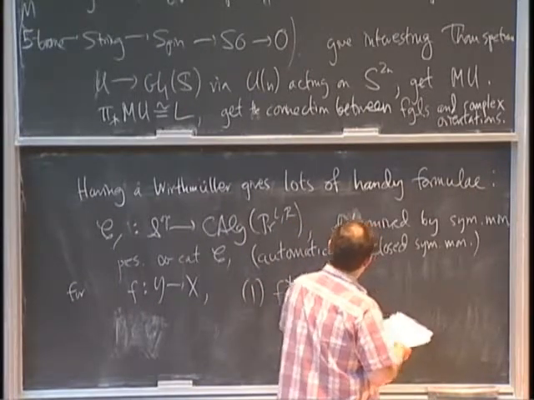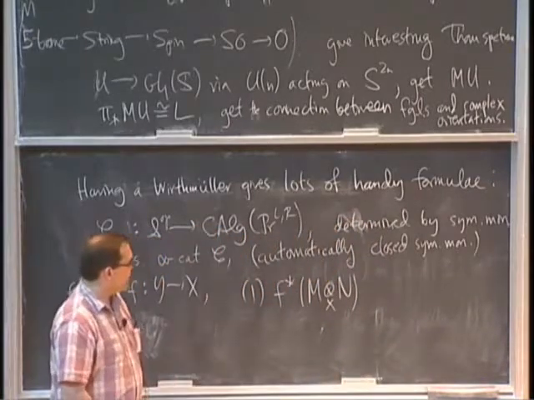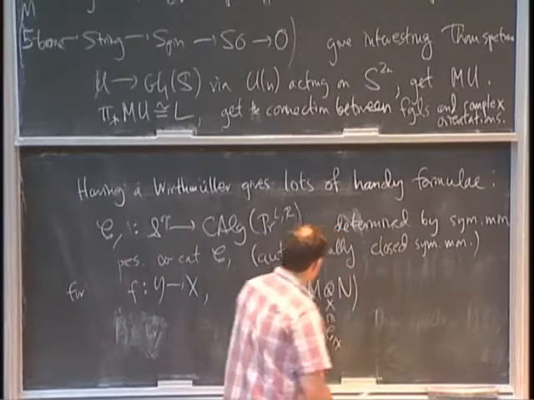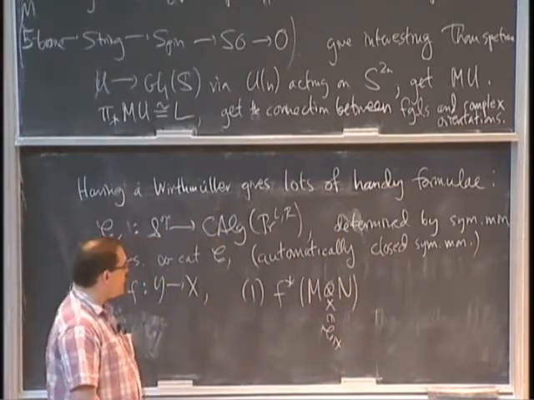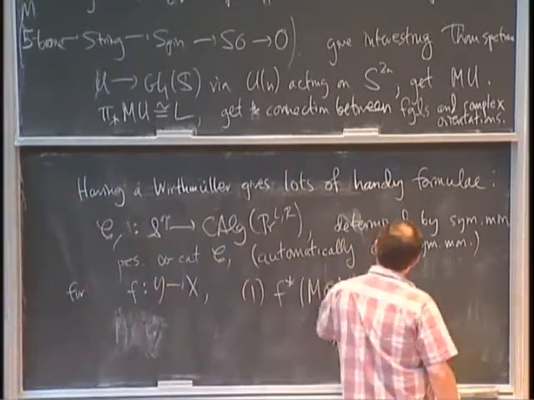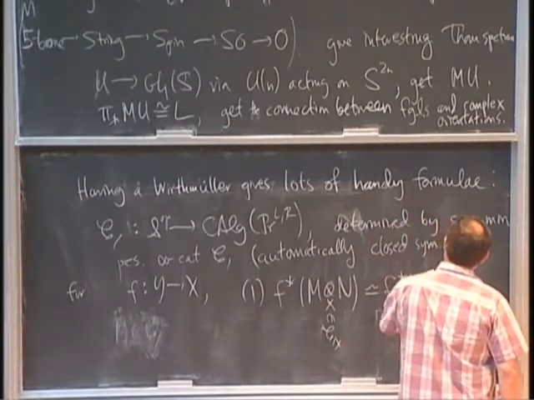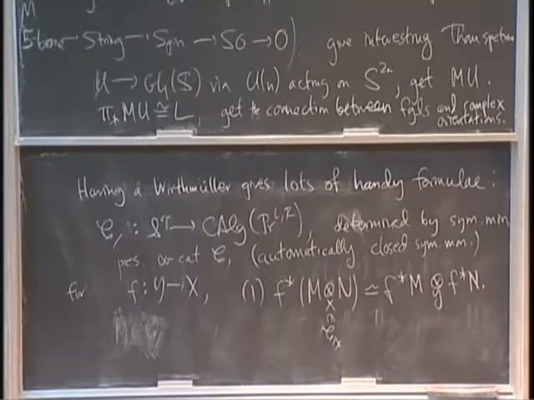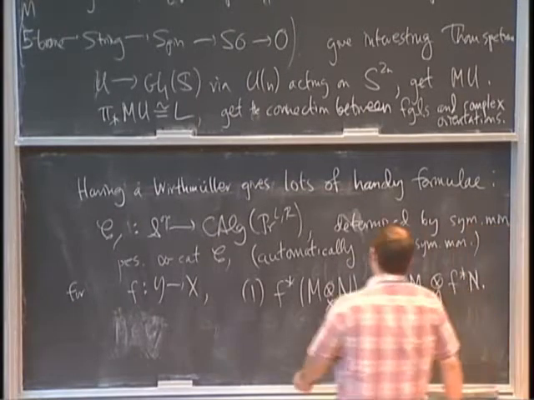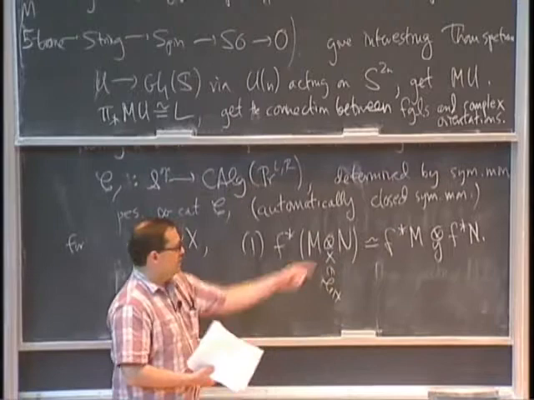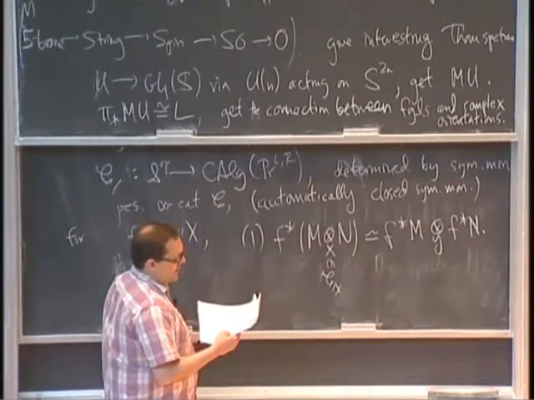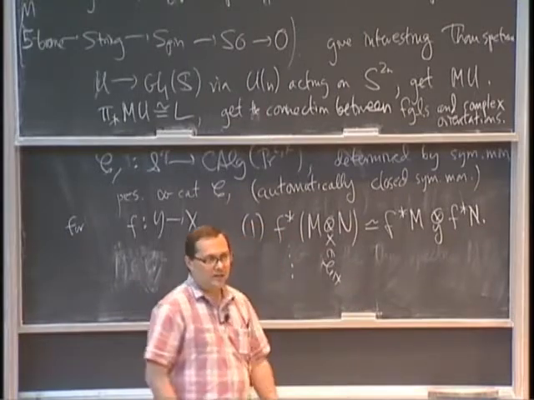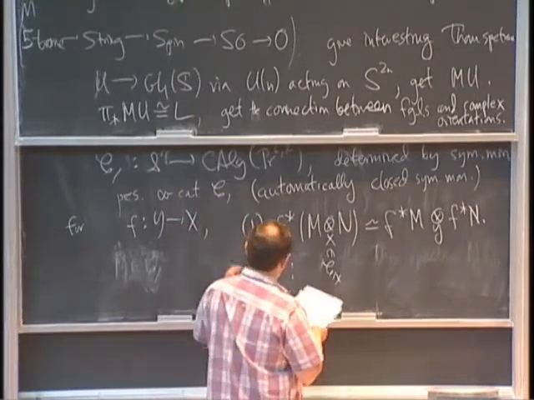I'm going to write the tensor over X for the tensor product in C over X. This is equivalent to the pullback f^* M tensor over Y with f^* N, for example. So restriction preserves these tensor products. Maybe I won't list all of them, but there's all kinds of interesting conditions.